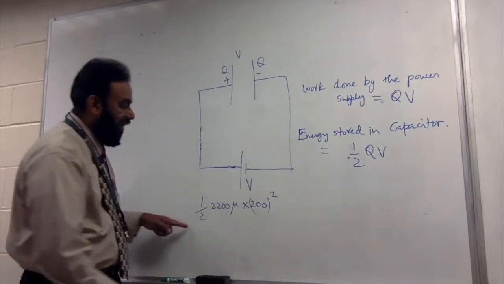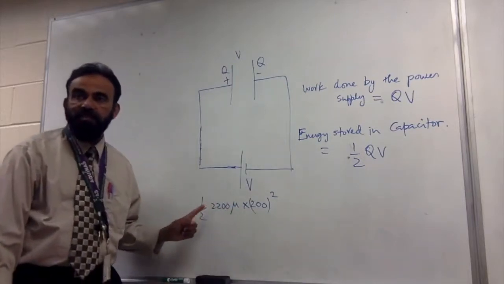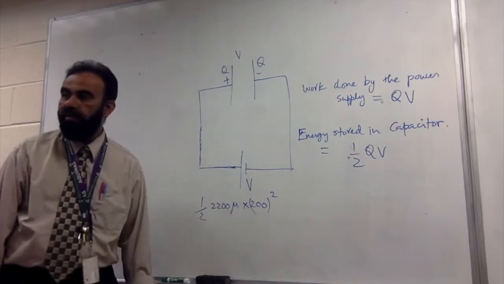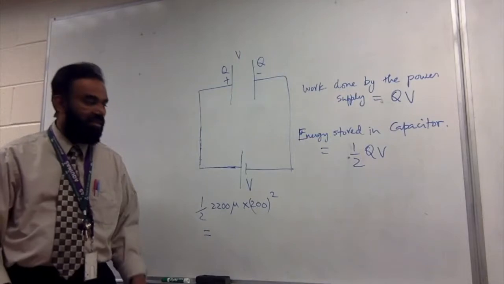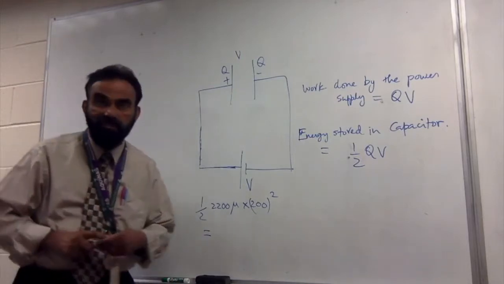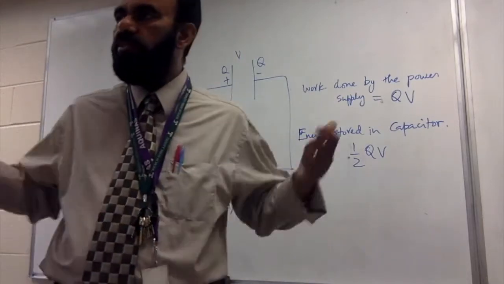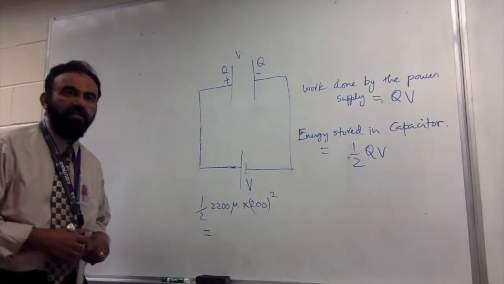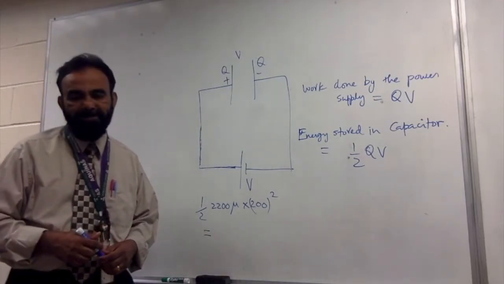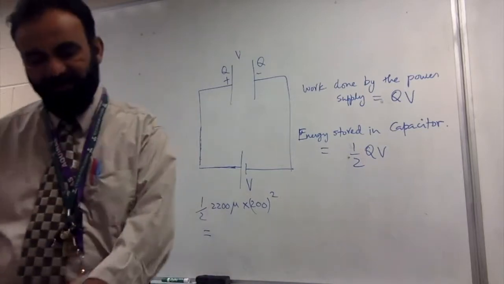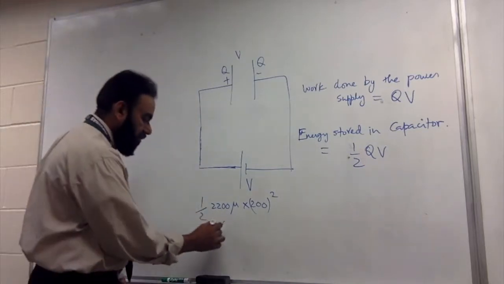I'm using the equation half CV squared. Can you see that? How many joules is this? How much is the energy stored in that capacitor when I just went and touched it once, as the capacitor gets charged fully? 44 joules.